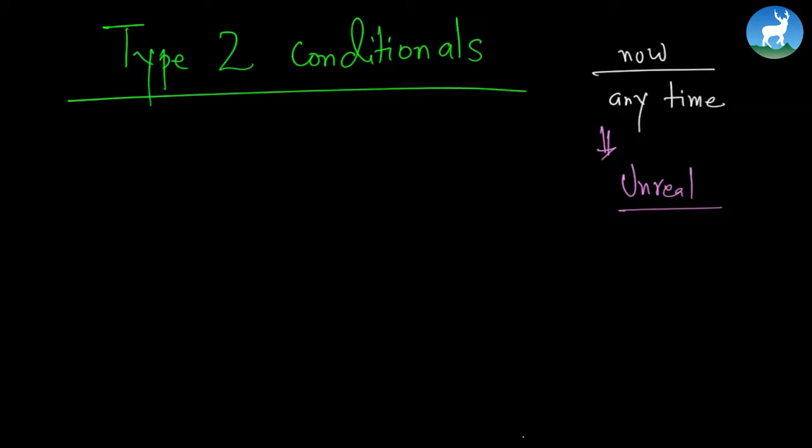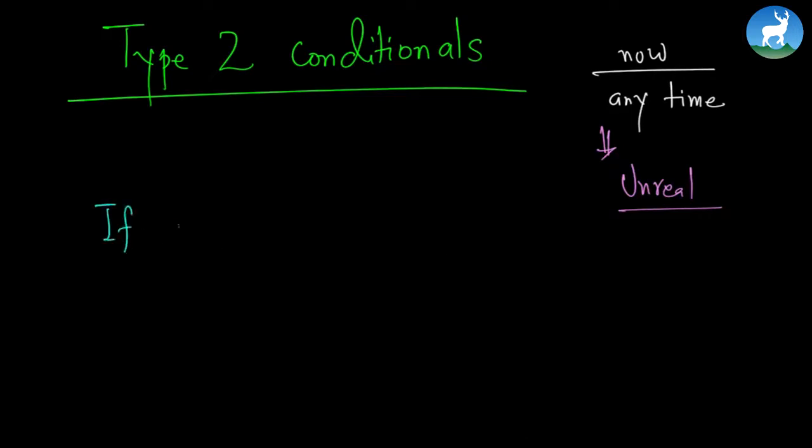The type 2 conditional is used to refer to a hypothetical condition. What condition? Hypothetical condition, and its probable result. In type 2 conditional sentences, the if clause uses the simple past and the main clause uses the present conditional. So we'll see how that is done. We have two parts, like always.